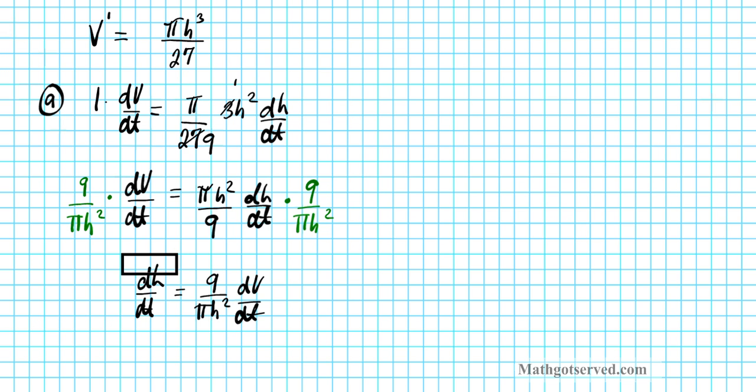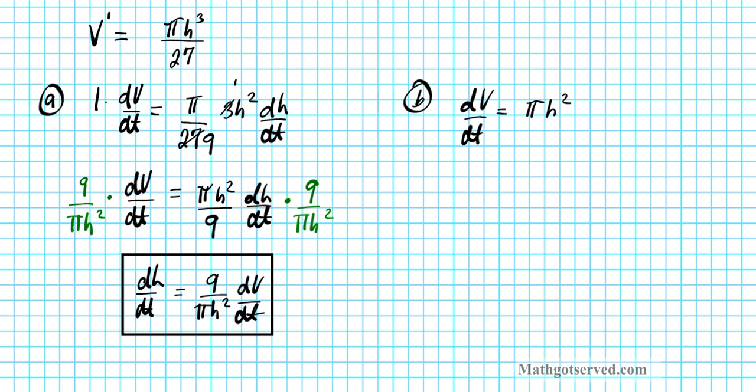We also need to find dV/dt, but we already know what dV/dt is. So for the b part, dV/dt is equal to this piece right here, pi h squared over 9 dh/dt. Okay? All right, so what do these functions mean? Let's start with the a part.